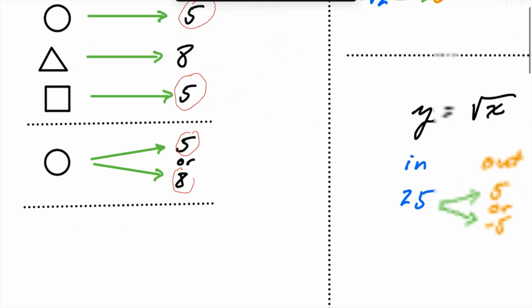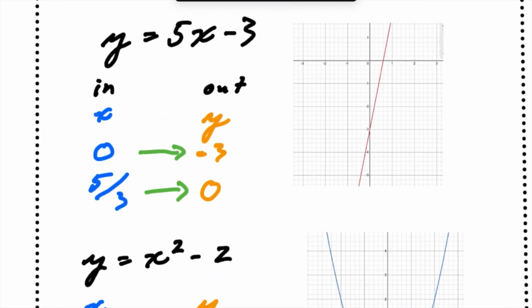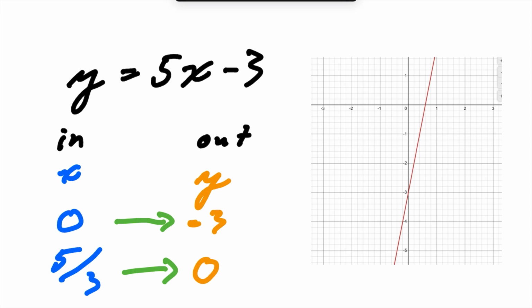Now, the way that this is most commonly expressed is with graphs. There's an example here. One example of a function would be y equals 5x minus 3. In this case, x is the input and y is the output.